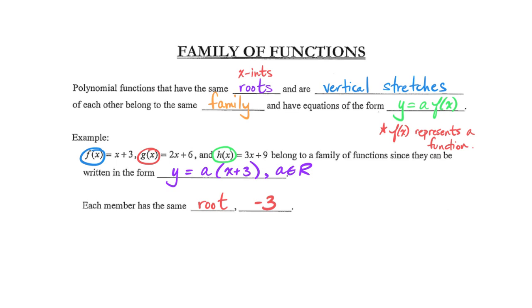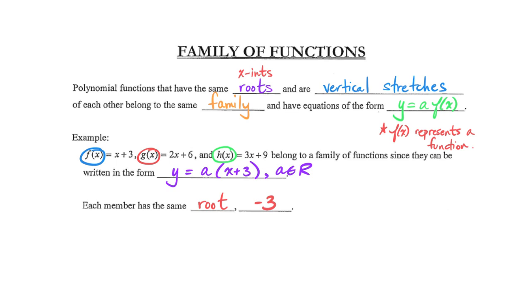So by calling them different names, I can talk about them quick. f of x is x plus 3, g of x is 2x plus 6, and h of x is 3x plus 9. We would say that all of those functions belong to the same family because they each have the same root or x-intercept at -3.